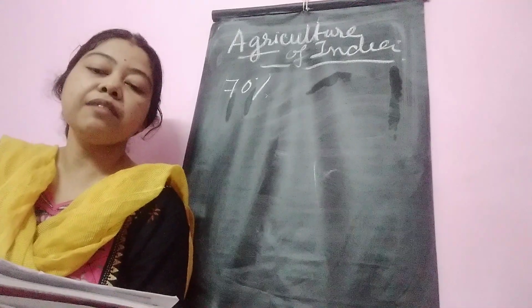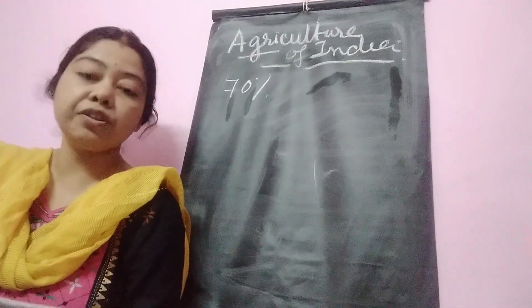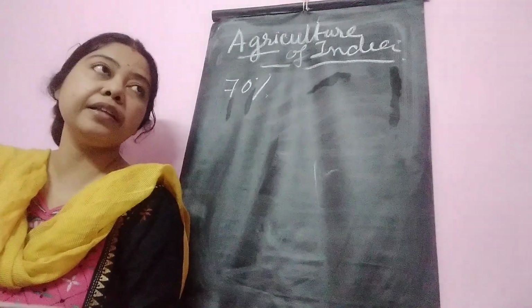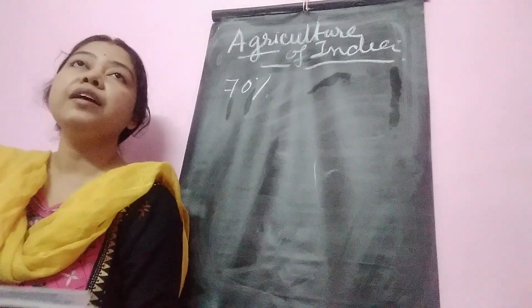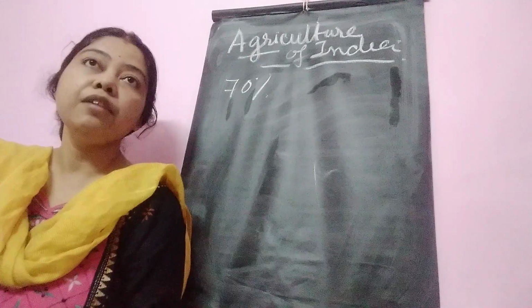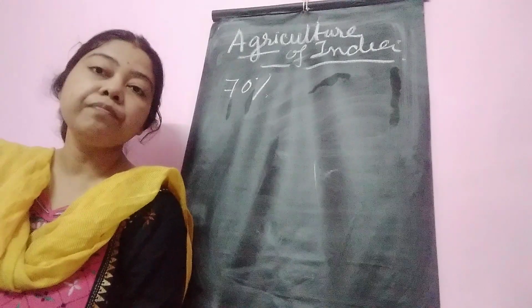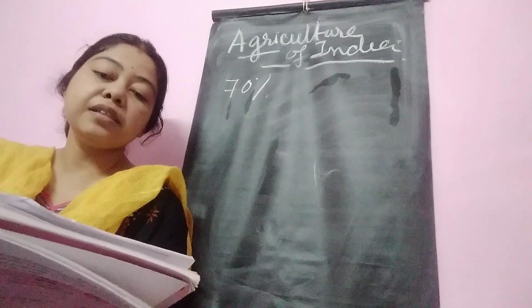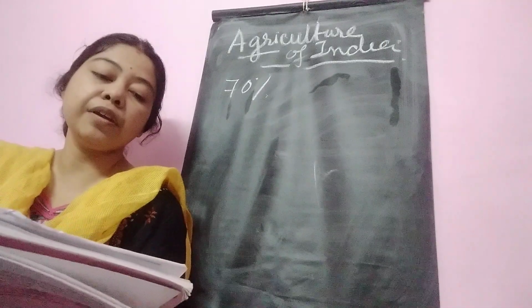There are certain factors on which irrigation depends. There are 10 factors. Please underline the 10 factors; you have to read them properly. First is good fertile soil with proper drainage. Next is cheap labor. Next is measured monsoonal rain.